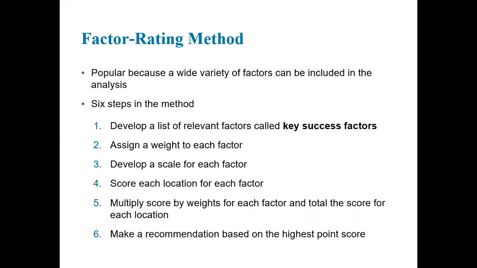Okay, and for every key success factor, you have to determine some ranking, some level of importance for each and every one of those key success factors. Okay, and then once you've come up with that ranking and determined what's most important to your location success, then you can compare multiple locations on the basis of those key success factors.